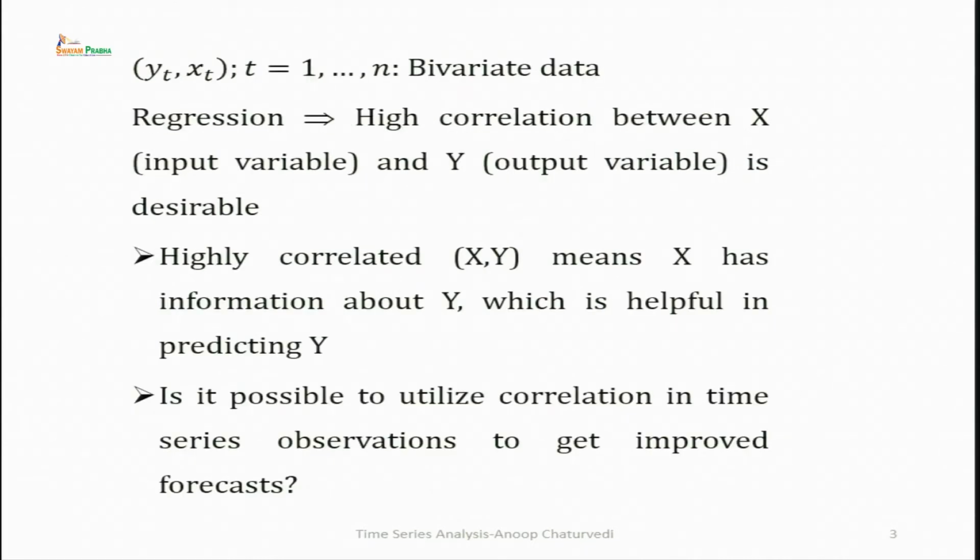Now, in lecture 2, we have considered the regression models. In the regression models, we consider bivariate data, y_t, x_t, say, where x is your input variable or independent variable, and y is your output variable or dependent variable.